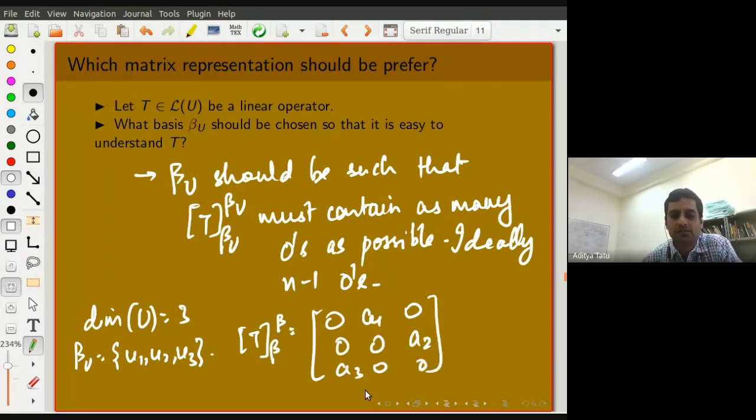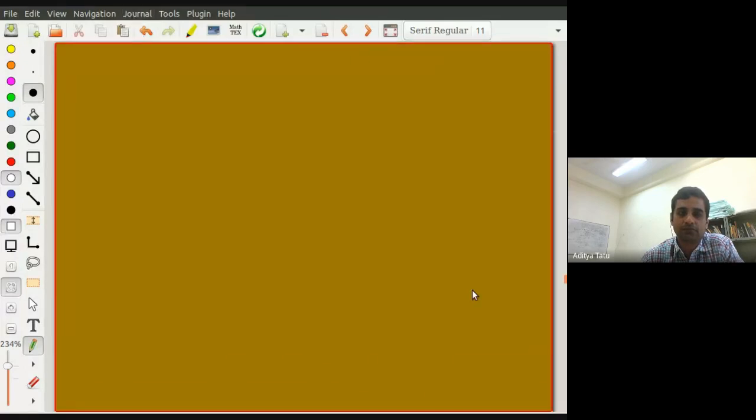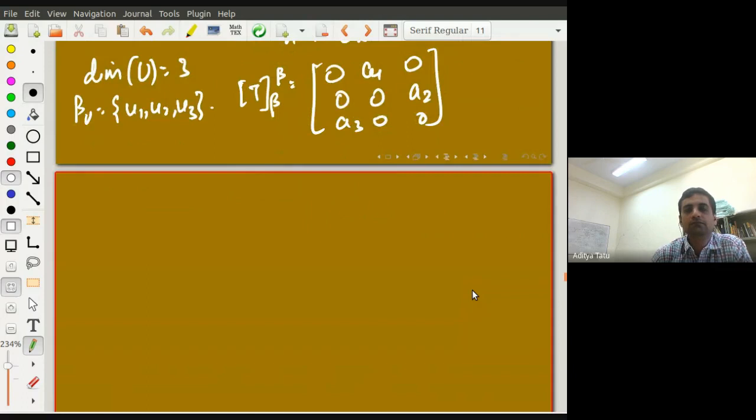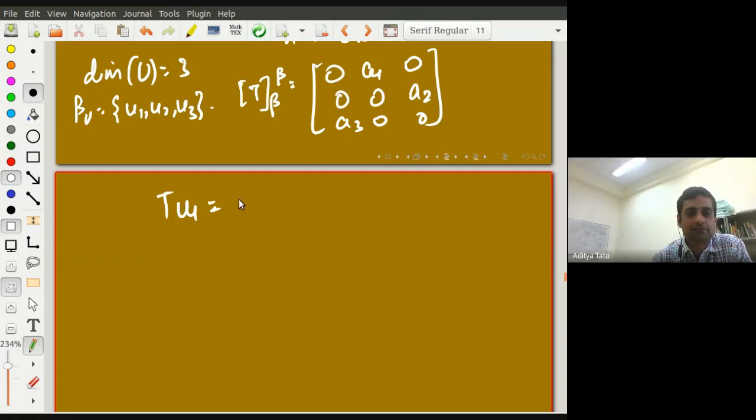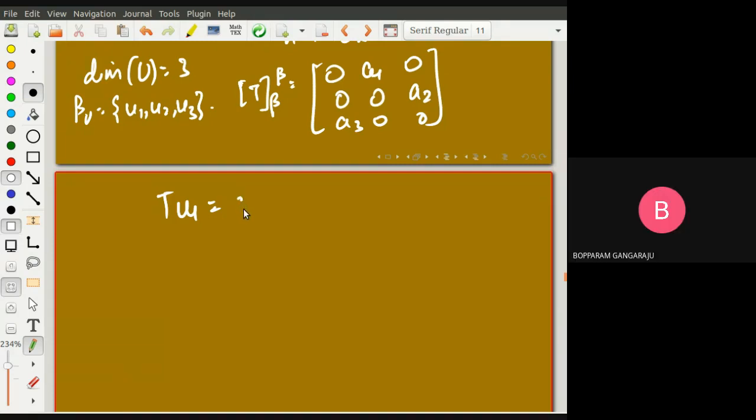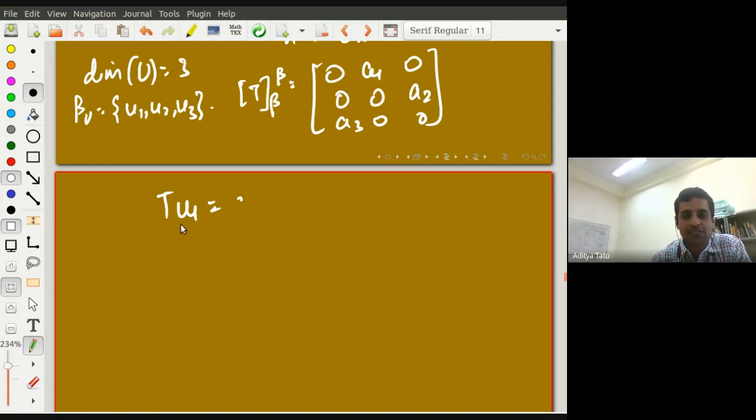How do I understand what this linear transformation is doing? Given this, can you find out what is TU1? Yes, sir. What would that be? The first row will become last row. No, I'm asking what is TU1?